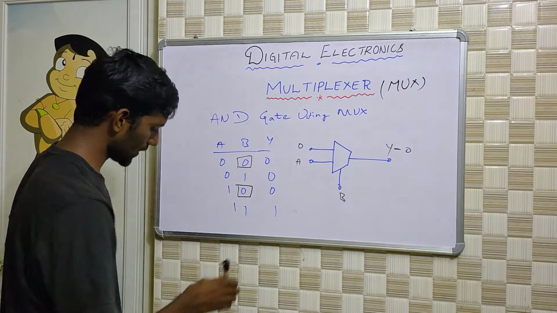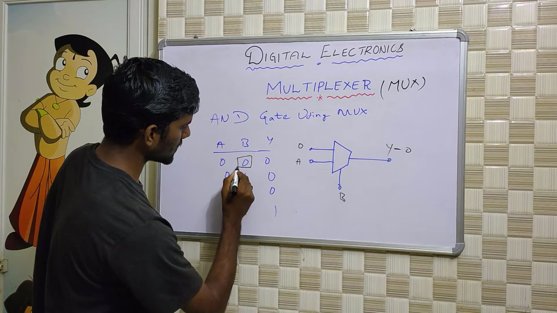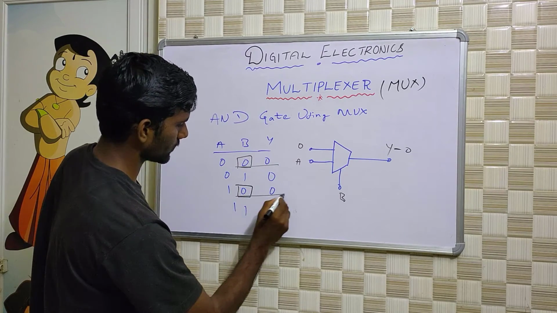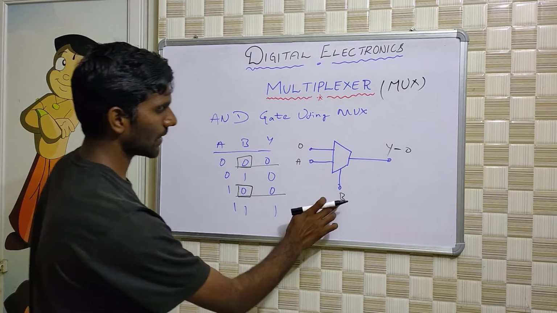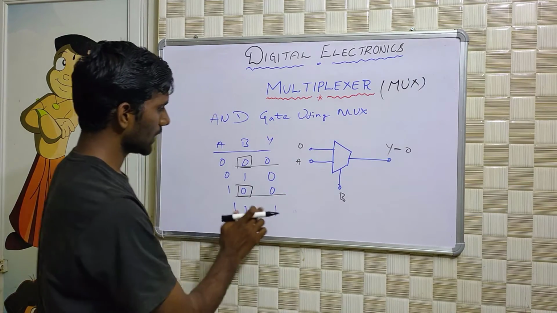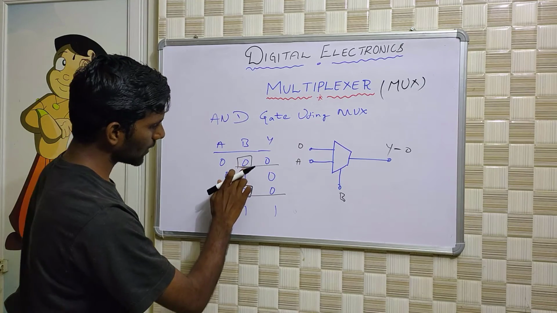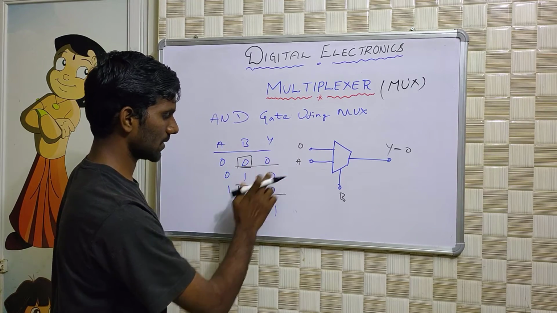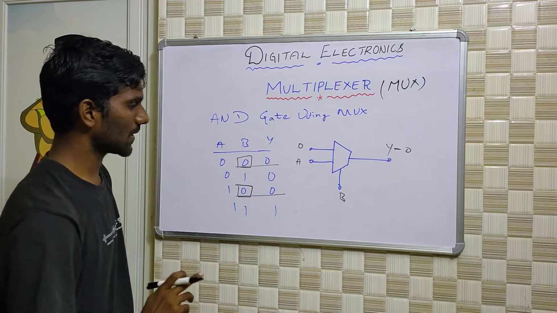So here you can see, whenever B is 0, output is also 0, right? In our truth table also, if you take B as 0, the output will be 0, right? So one condition is satisfied.